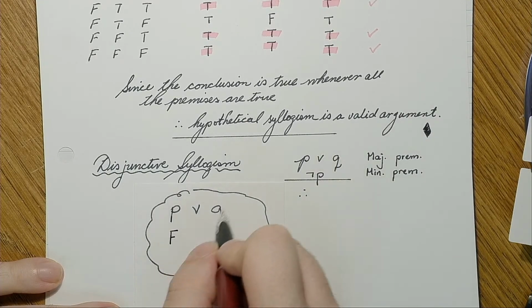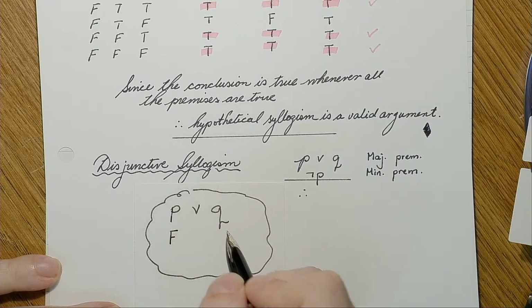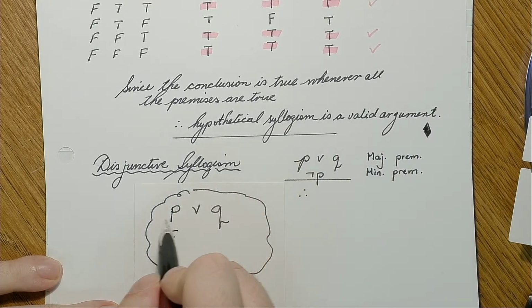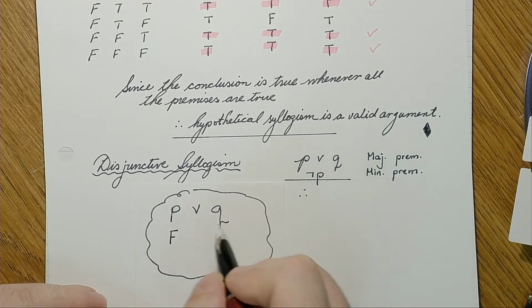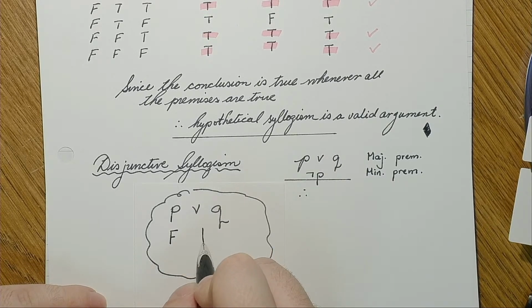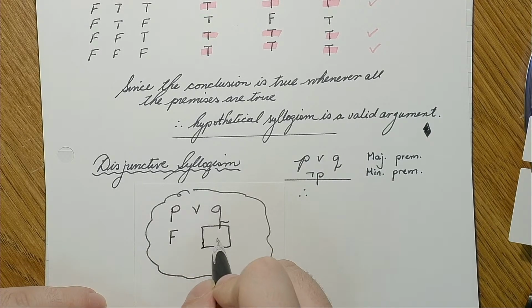Which means then for this to remain true, because it has to be true, we need to have the Q be true.